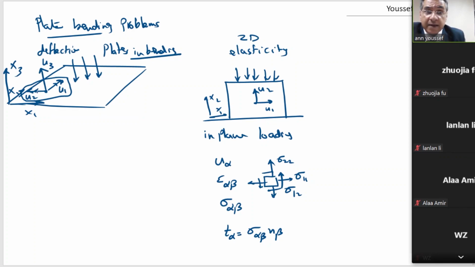Why is that? If you go to civil engineering, for example, this problem is very, very important in civil engineering, because all roofs we have are plates. So to be able to resist stresses, we need to prevent this rotation. The double arrow here means rotation.